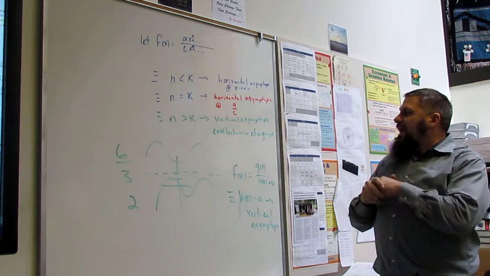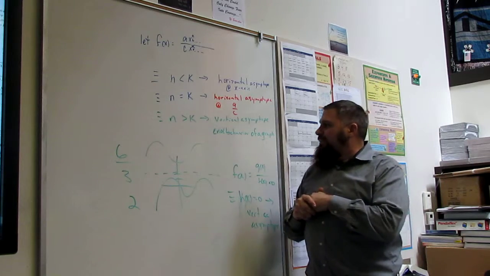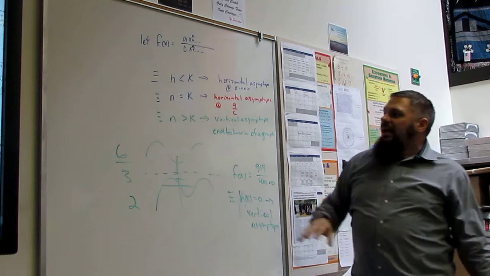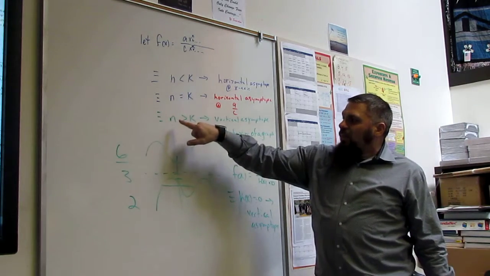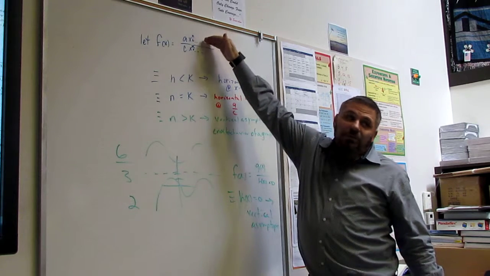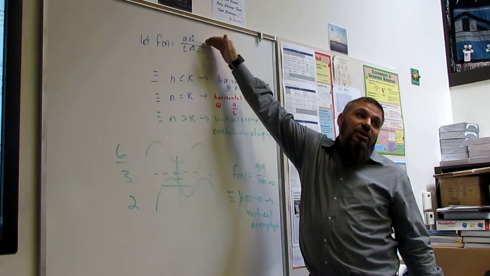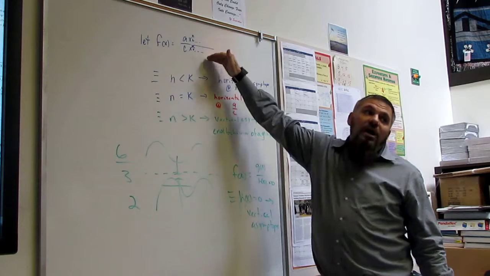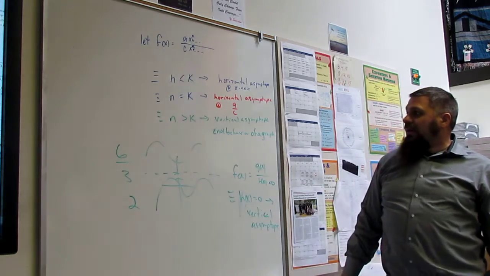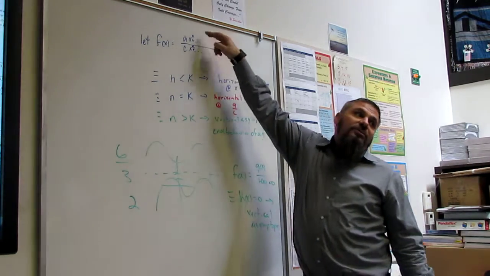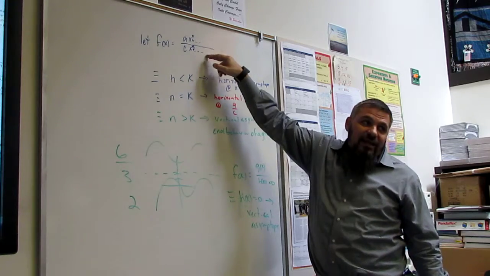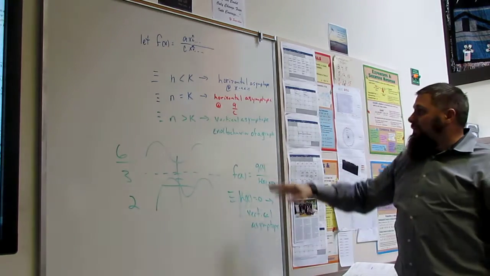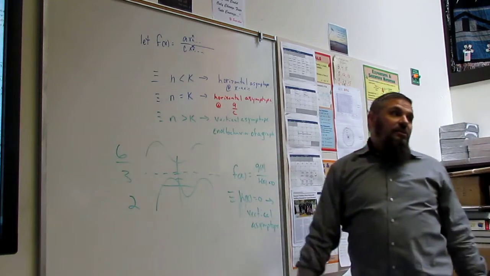There's a vertical asymptote, or what they like to call an end behavior of the graph, when the top polynomial is larger, has a larger degree than the bottom polynomial. So if you have a cubic over a quadratic, that's going to produce a vertical asymptote.